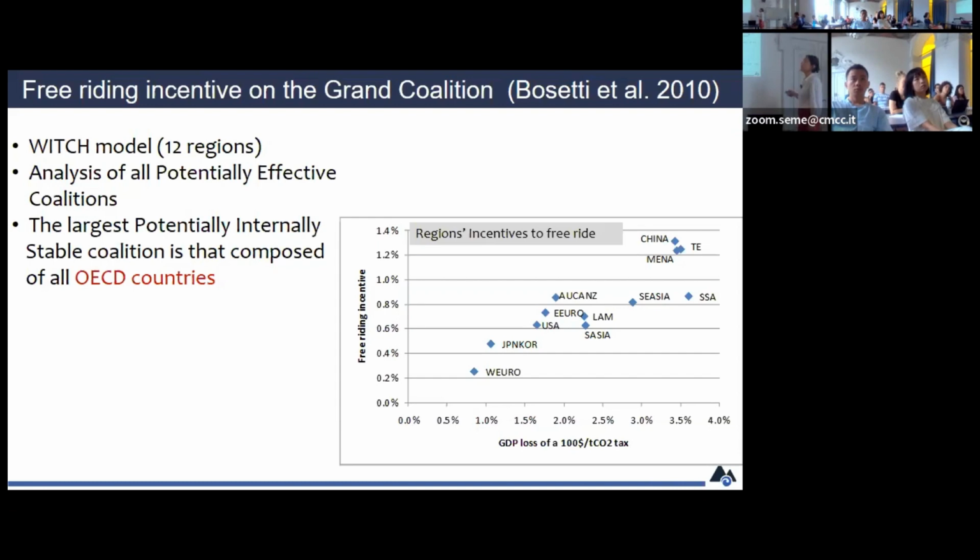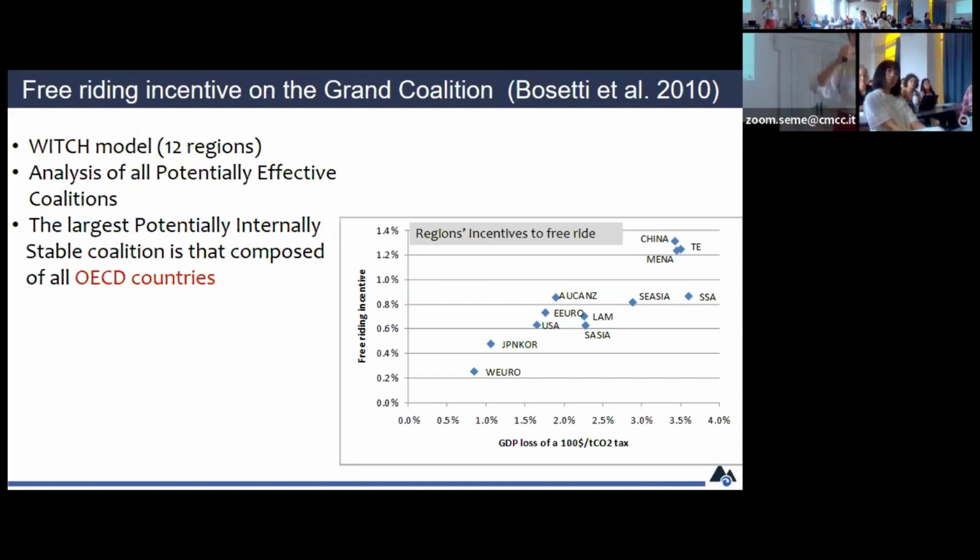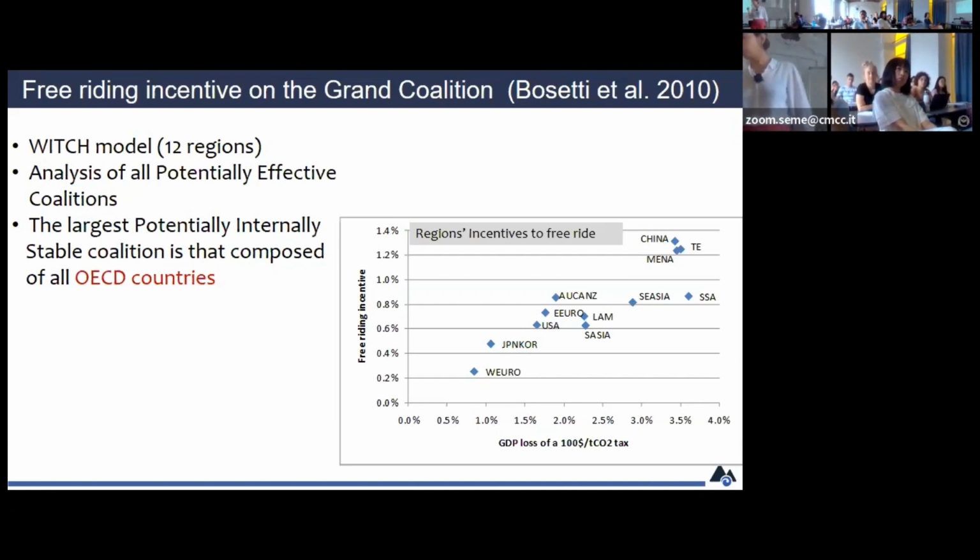And you see that basically most of what explains the free riding incentive, meaning the incentive to deviate, is in this case how much GDP loss a tax imposes on that region. So if you test that region's reaction to a $100 tax, that's totally correlated with the free riding incentive.